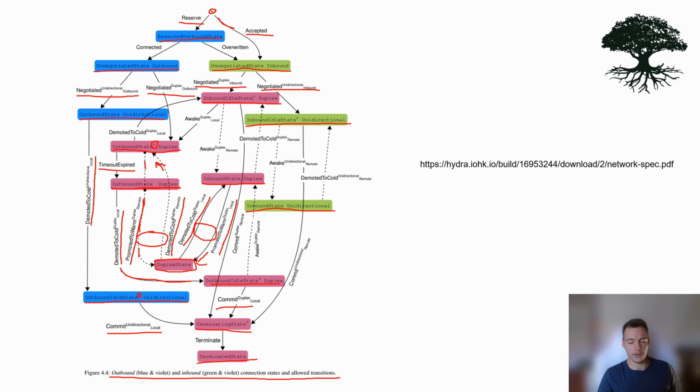And we also have here awake duplex local, so our node starts the mini protocols as well, and this can go basically into either an outbound state duplex or an inbound state duplex. So our node or the other node starts using the mini protocols first, and then if both of them start the mini protocols, then we again end up in a real duplex state where both nodes are using the mini protocols.